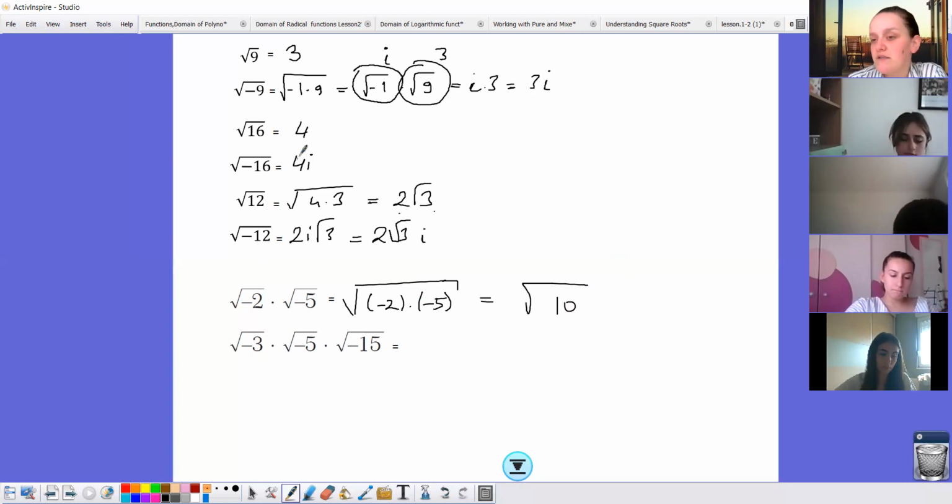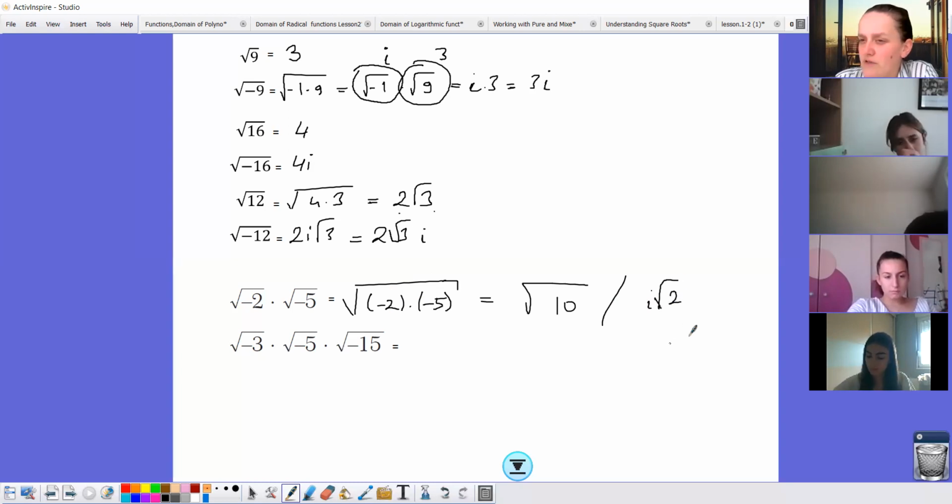Or if we want the i part, I can write root of -2 by taking the minus out as i times root of 2. Can I do this? And times here, what will it be? i root 5.